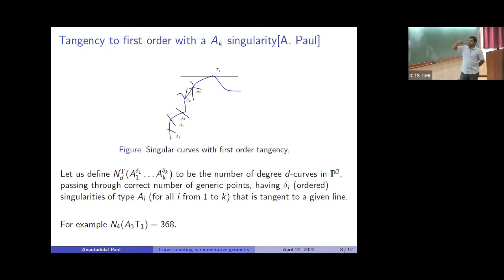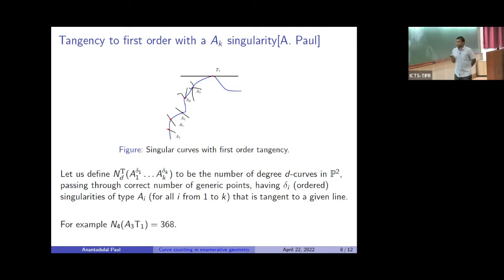So we have delta 2 many cusps, and so on, delta K many AK singularities. If you impose all of those singularities, and one more extra condition is that the resultant curve is tangent to that divisor, then this is an enumerative question.